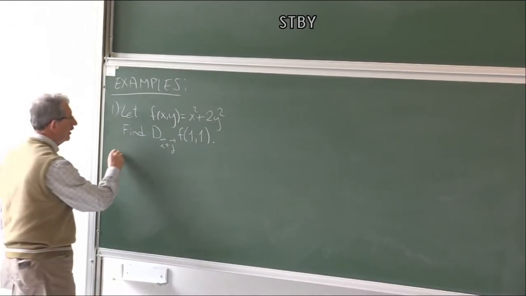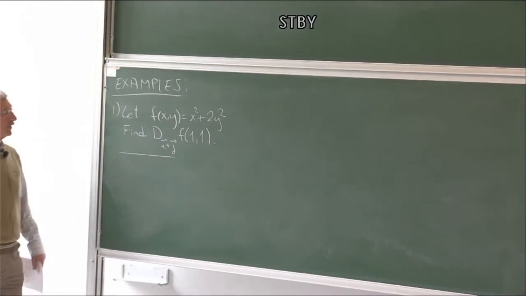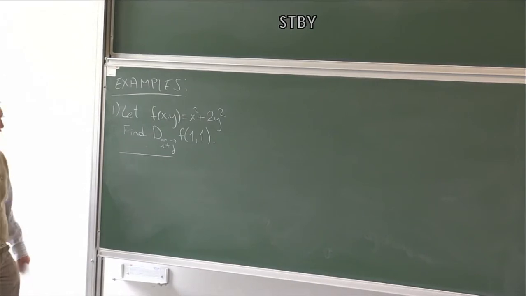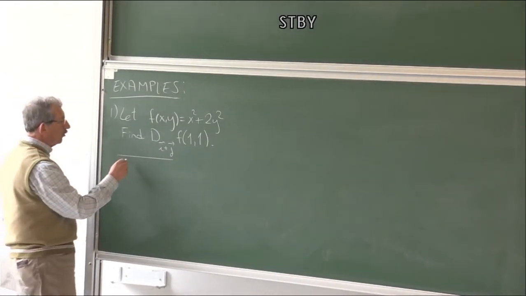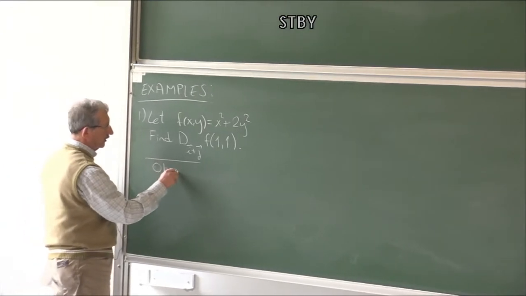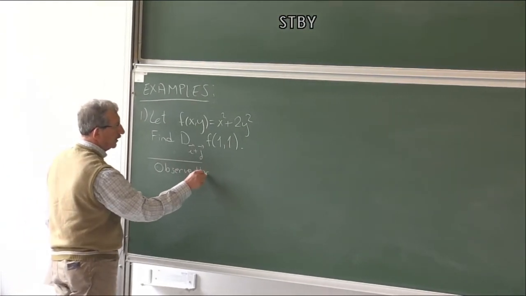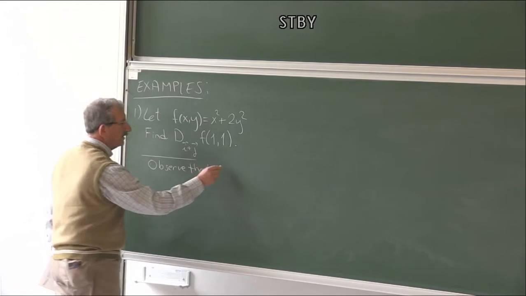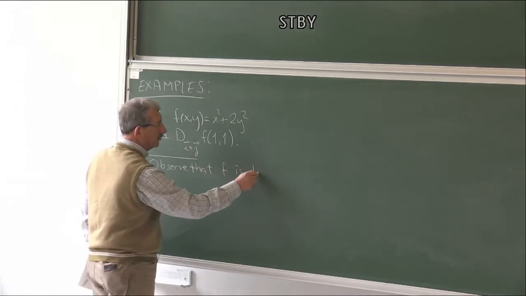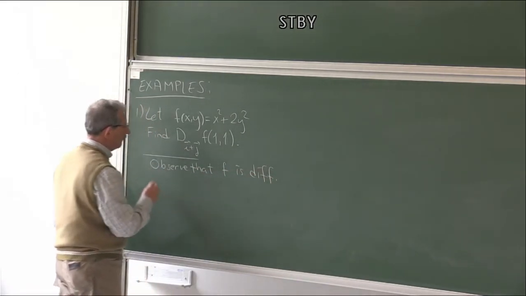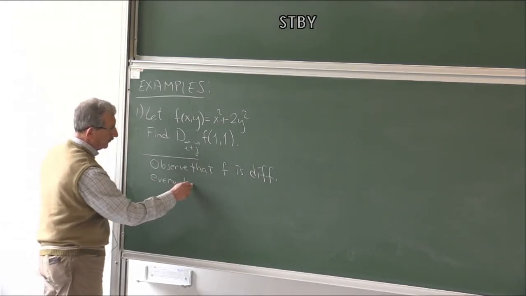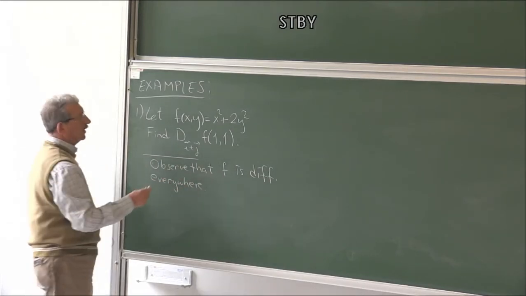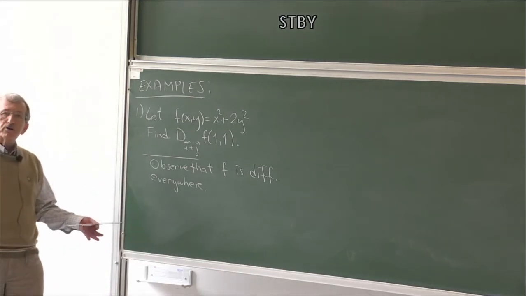Well, firstly, because it's a short way of calculation, we observe that f is differentiable everywhere. This is because its partial derivatives are continuous.